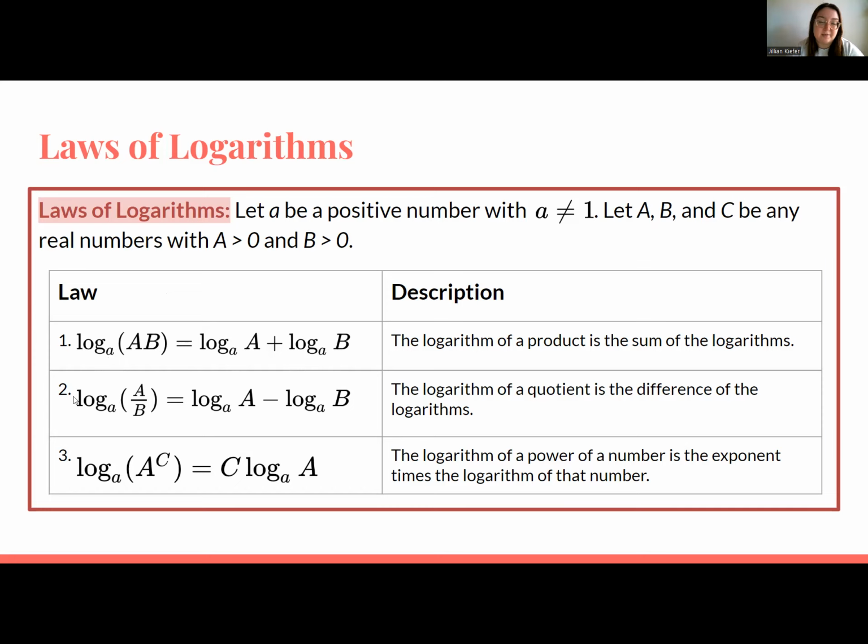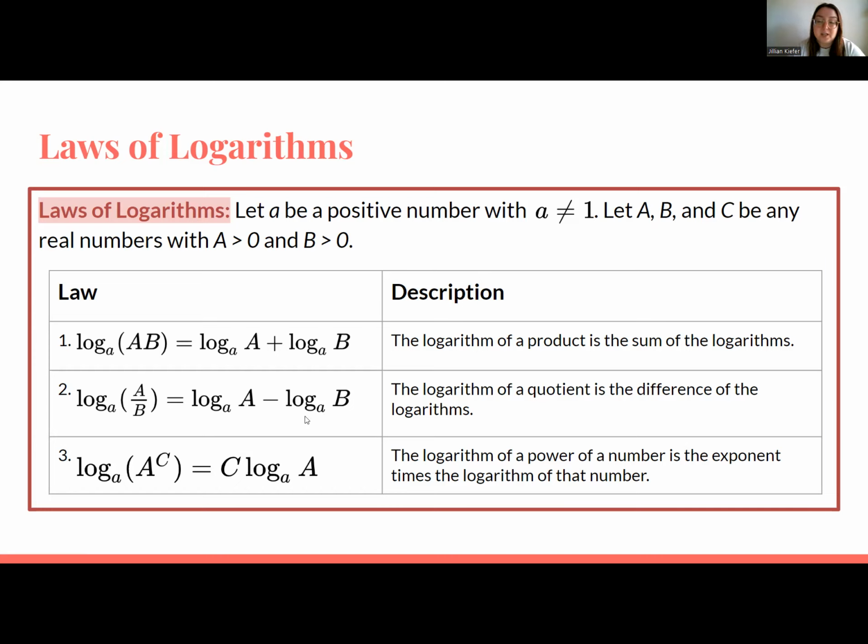Very similarly for the second law of logarithms, we have log base a of capital A divided by capital B is equal to log base a of capital A minus log base a of capital B. So very similar to the first law of logarithms, it's just division and subtraction instead of multiplication and addition.